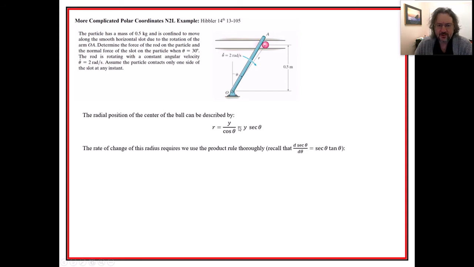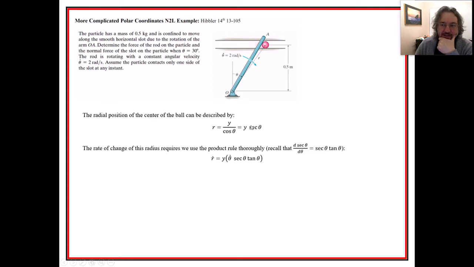But looking up in here, we're thinking r is a function of theta. So if I'm going to get r dot, I need to take the derivative of this. That's going to have to be the derivative of the secant, and how does that change with time? Well, what we have to see is we're going to have both parts.